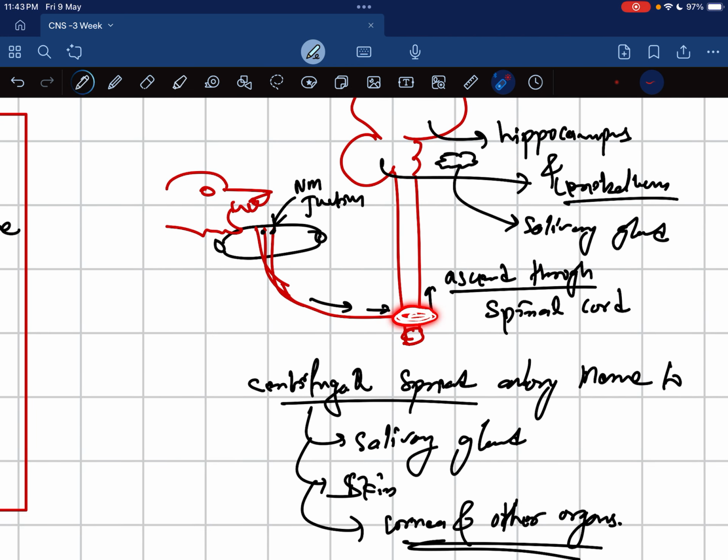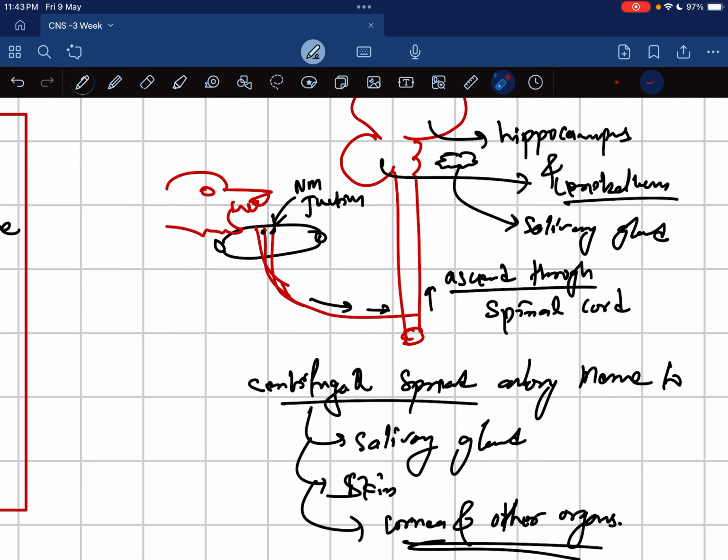It reaches the dorsal root ganglia of the spinal cord, and after that ascends upward through the ascending tract towards the CNS. When it comes to the CNS, there is rapid dissemination of the virus to most parts of the CNS, like the hippocampus and cerebellum.